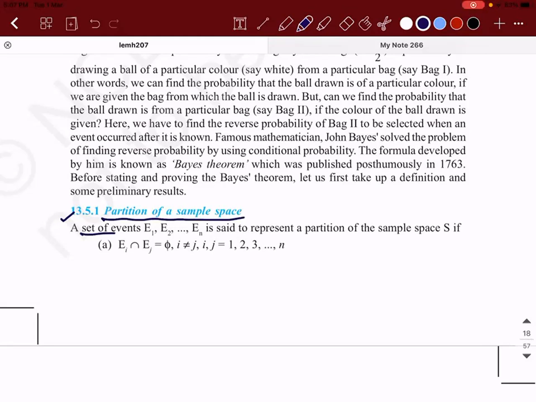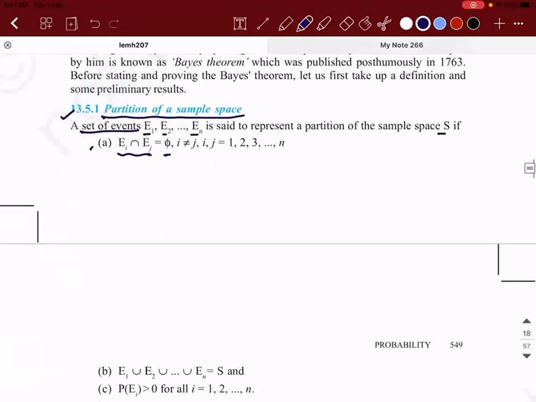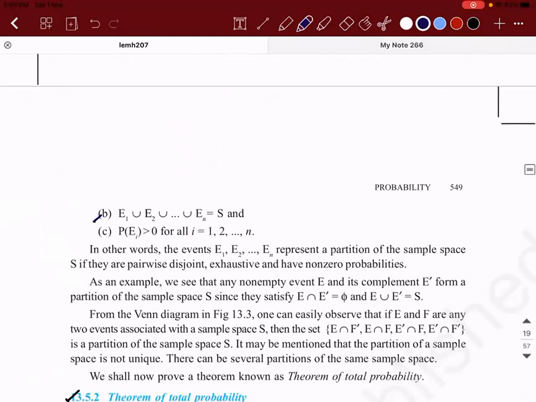Suppose you have a set of events, E1, E2, so on till En, which are coming from the sample space S, such that if you take any two events, the intersection between these two sets is the null set. And if you take the union of all these events and it gives you the sample space, then what can you say?